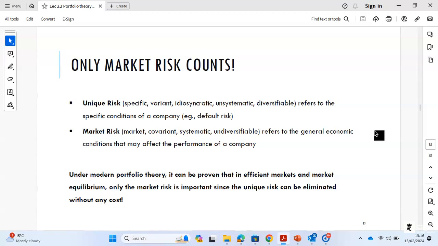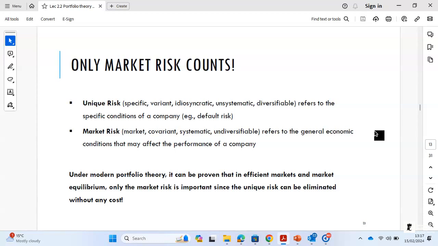Because that is the risk that you cannot manage, right? If I give you the option to choose an all equity finance firm versus a firm that's 50% debt finance and 50% equity finance, it's your choice, your risk preference.